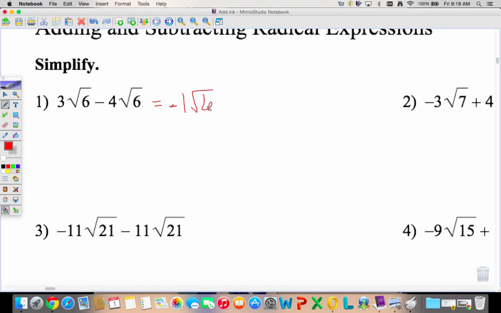Your next step would be to simplify whatever you can in the square root. Well, 6, the only two numbers are 2 and 3. There are no pairs that I can pull out, so the square root of 6 is going to stay as the square root of 6. Instead of writing the 1, your answer would be just negative square root of 6.